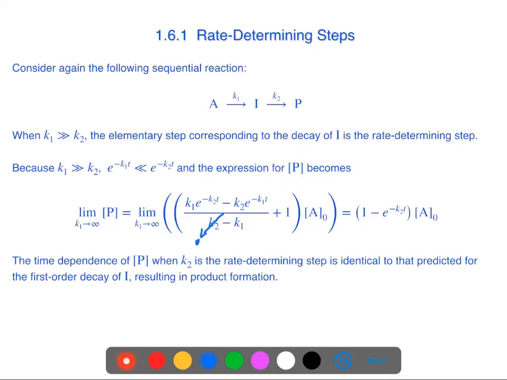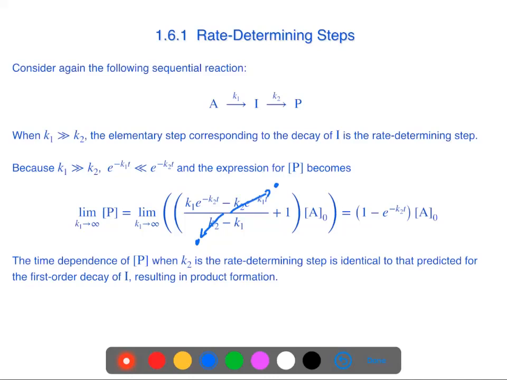We'll say it goes to 0 with time, but it's going to be a much smaller value. And similarly, e to the minus k1t, we said, will be a much smaller value as well. So this will also, in a sense, decay to 0.